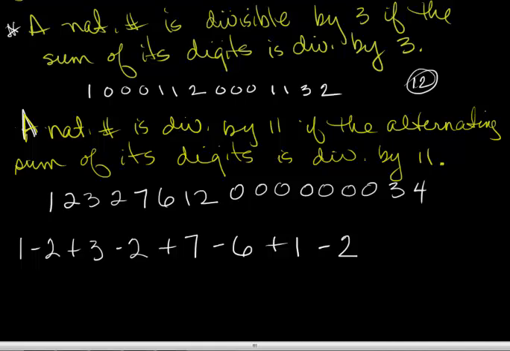Notice I didn't want to write all those zeros down. So when I got to minus 2, I knew it would be plus 0, minus 0, plus 0, minus 0, plus 0, minus 0, plus 0, minus 3, plus 4. Okay, and if you add all this up, we get negative 1 plus 3 is 2, minus 2 is 0, plus 7 minus 6, we have 1, plus 1 is 2, minus 2 is 0.